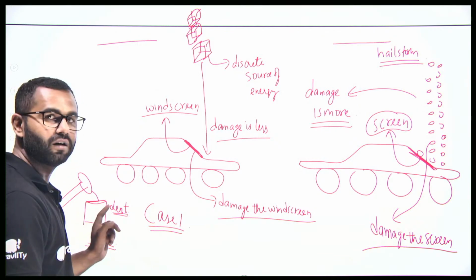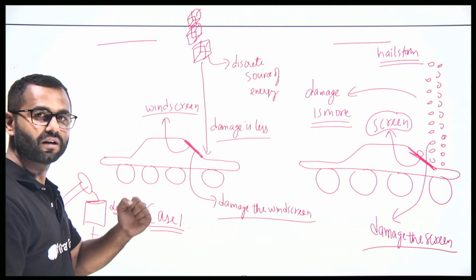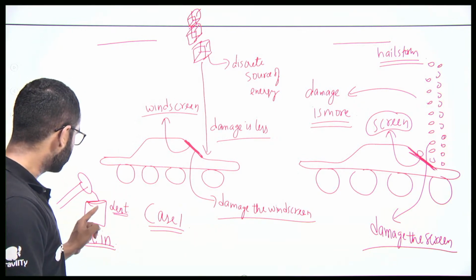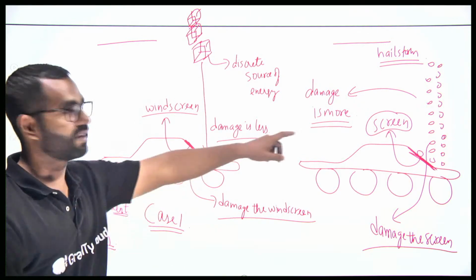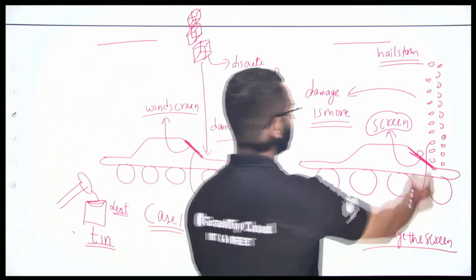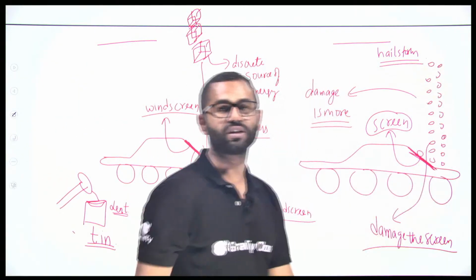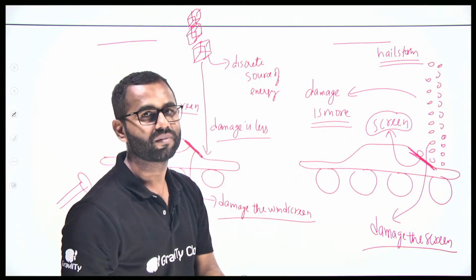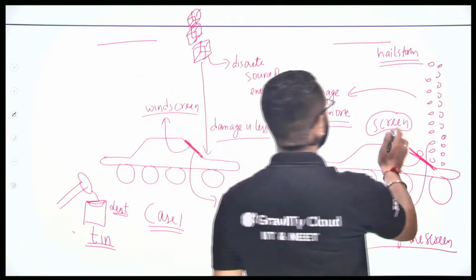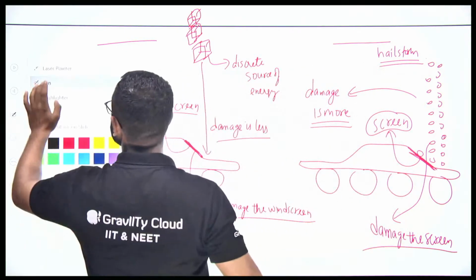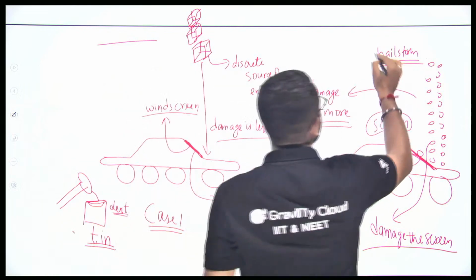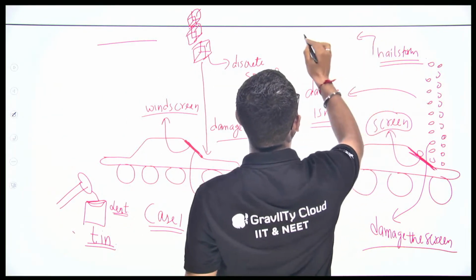It's not very big. But when you continuously keep on hitting it, it will be very large. Same thing is happening here. Why? Because hailstorms are a continuous source of energy.